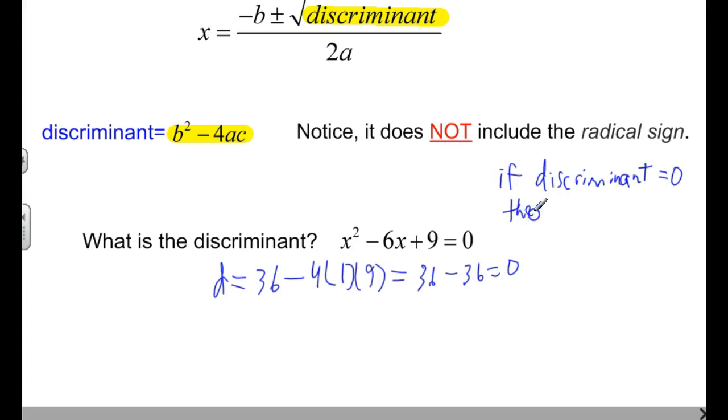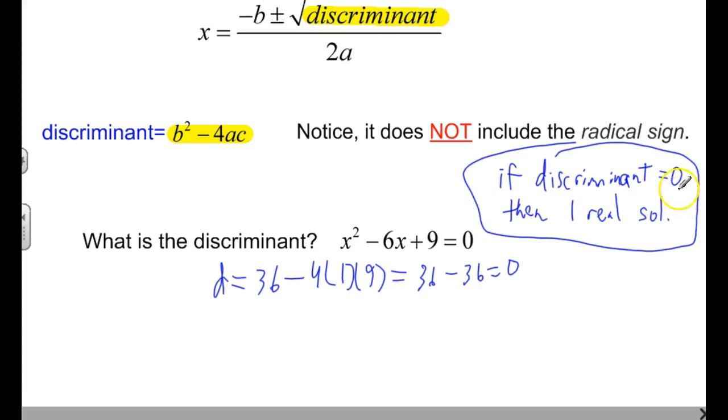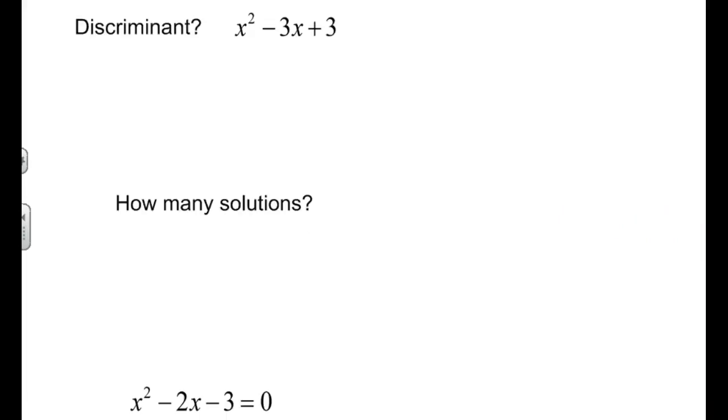So that's the first case of discriminant. If the discriminant is equal to 0, you're adding and subtracting 0 in the context of the quadratic formula, so that's going to be the case.